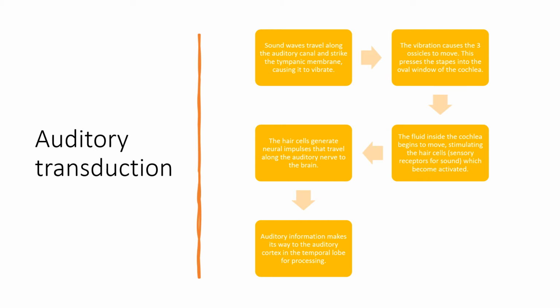You should probably also know that it's the auditory cortex in the temporal lobe that this information travels to. So I won't be asking you every detail of this process, but you should have an overall understanding of what's taking place in addition to those specific things that I just mentioned.